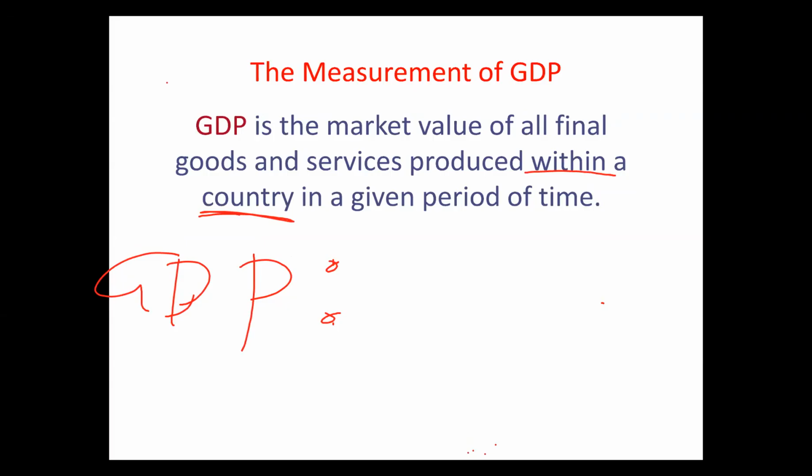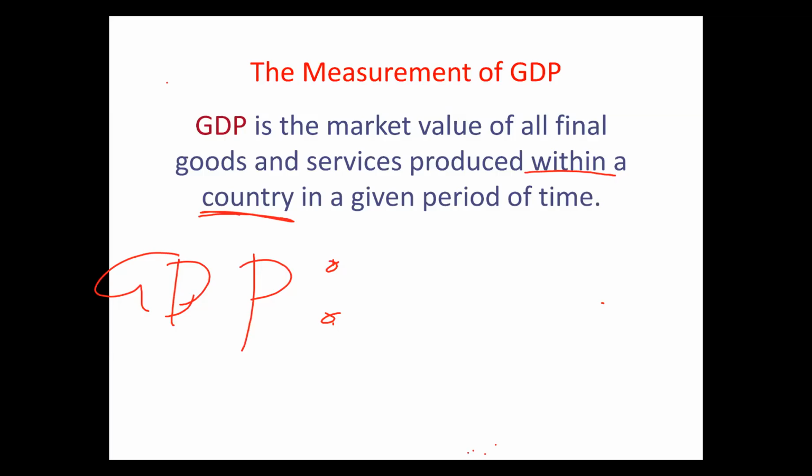Even if the owners of those companies are not Zambians, whatever they produce, we add it in GDP. Those people are not citizens of Zambia. We're just interested in how much production is taking place within our country, whether by foreigners or by ourselves. That is what GDP is measuring.